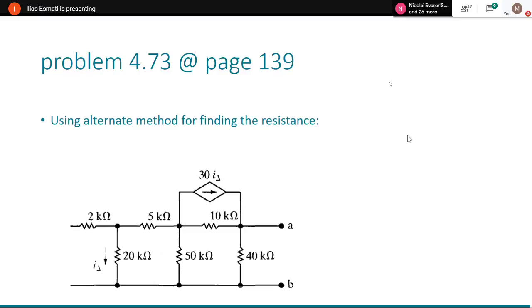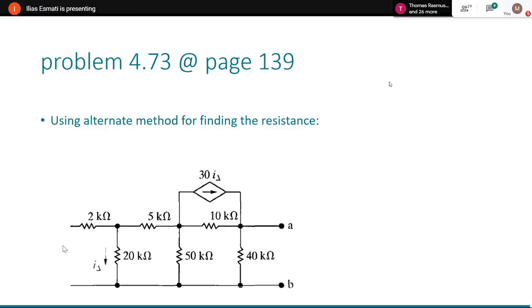A month ago, I remember we had a lecture on how to find what's called the total resistance of a circuit using the alternative method. You may see I have exactly the same circuit.